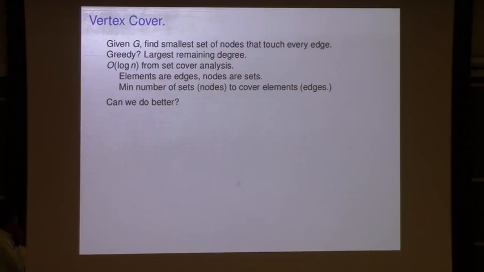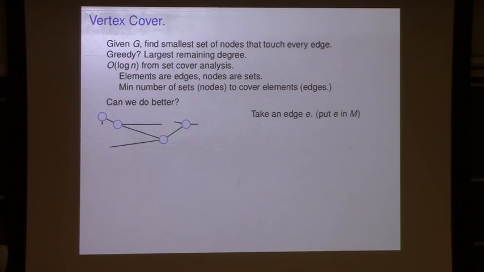Okay, can we do better? Do you think you can do better? I probably wouldn't have shown you this if we couldn't do better, right? So let's do something that looks stupid. Let's take an edge. Do you see edges here? I see one. Let's take that one, the blue one.